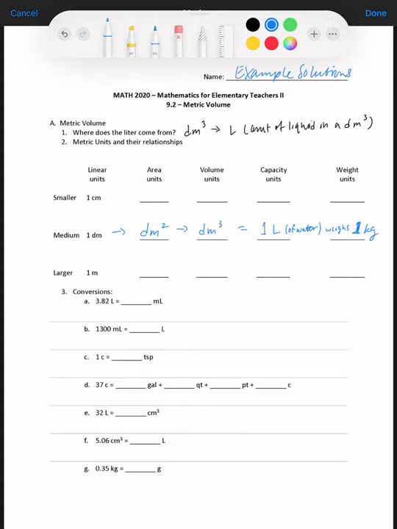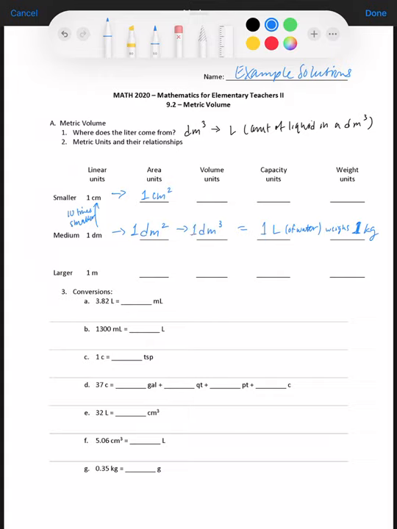The unit that is 10 times smaller than a decimeter is the centimeter. So let's go ahead and analyze area, volume, capacity and weight with the centimeter as the smaller unit. When we do area, we're going to do 1 centimeter squared.